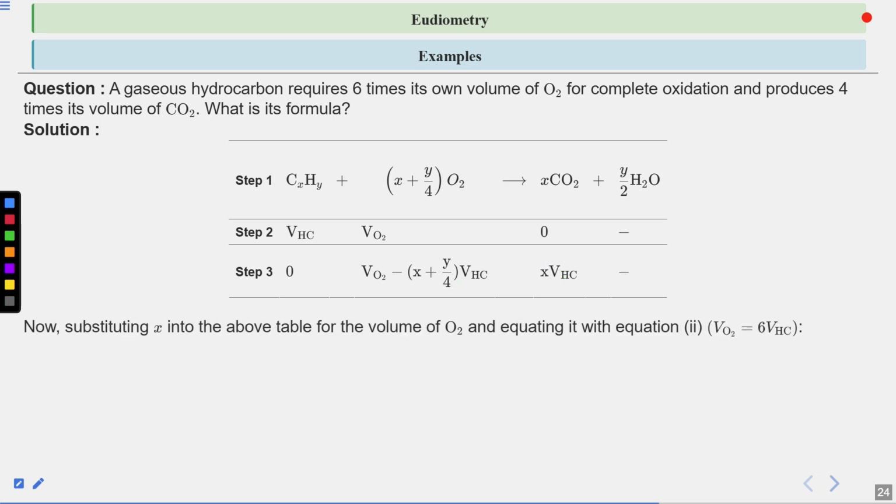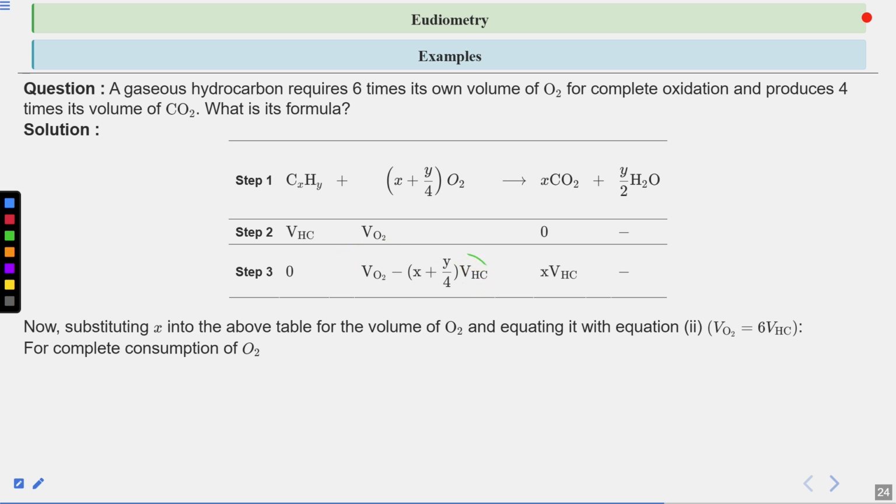Now we know that the volume of oxygen is 6 times the volume of hydrocarbon. It's given in the question. But we also know that this whole thing will be equal to 0. Why is it equal to 0? Because we have taken the exact amount of oxygen required for complete combustion, the volume of oxygen being 6 times the hydrocarbon, which is the required amount. Therefore, this whole value will be 0 because it indicates the amount of remaining oxygen.